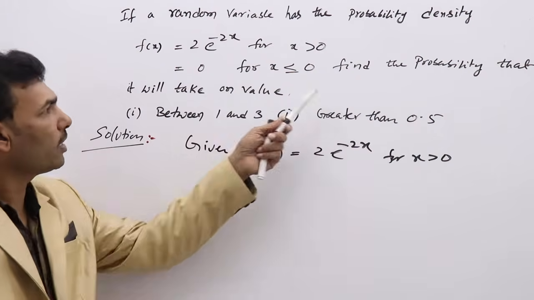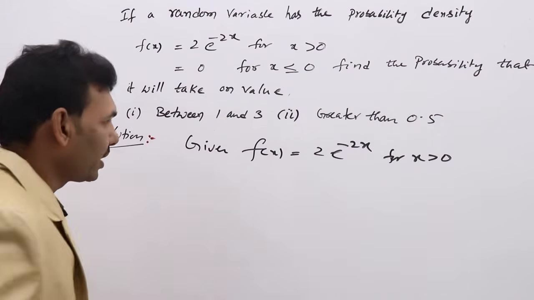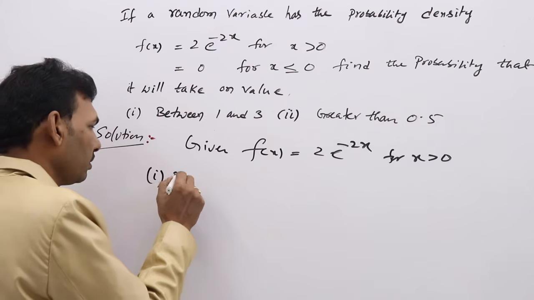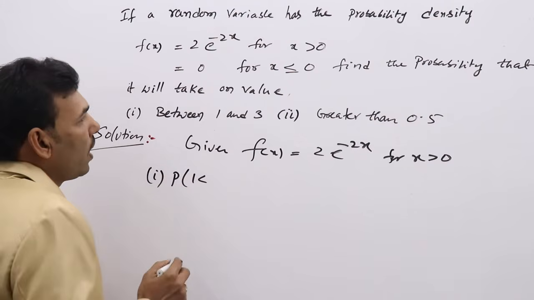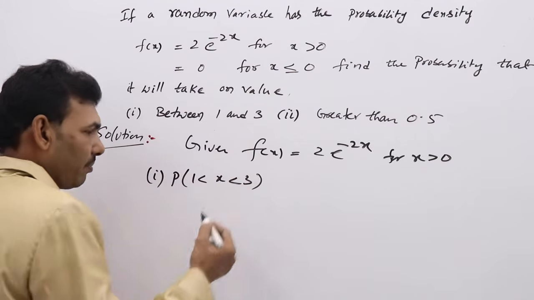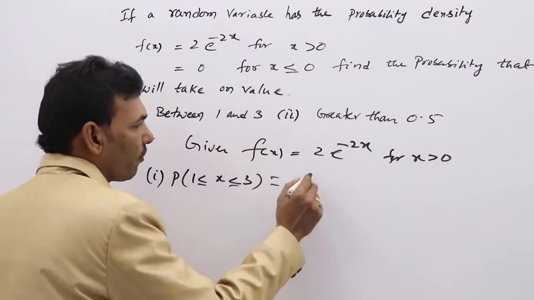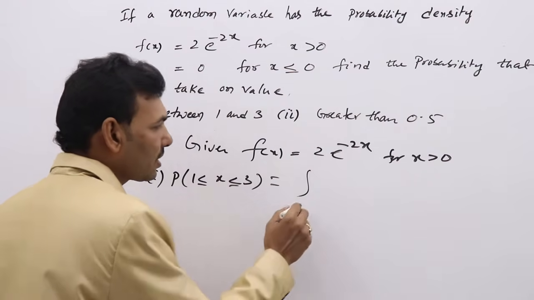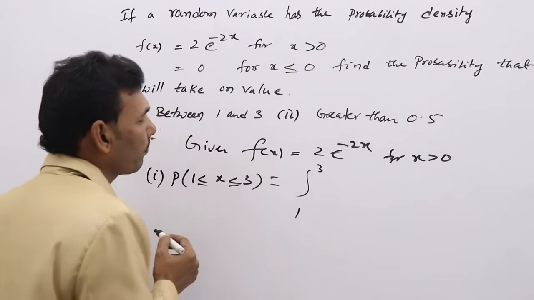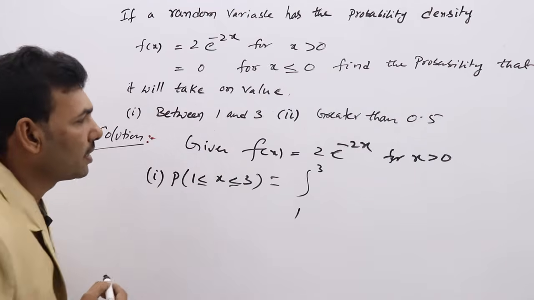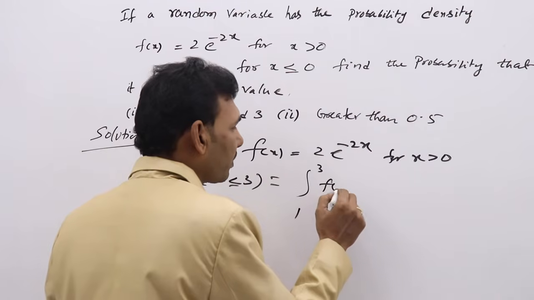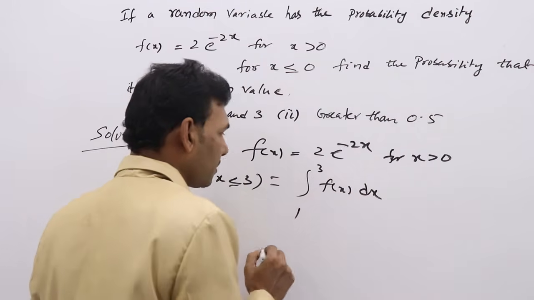Now we need to find the probability between 1 and 3. That is P of 1 less than x less than 3, which can be evaluated like this: integral 1 to 3, f of x dx.